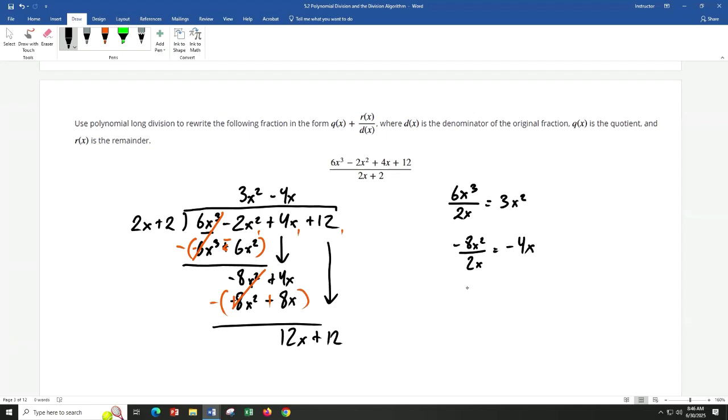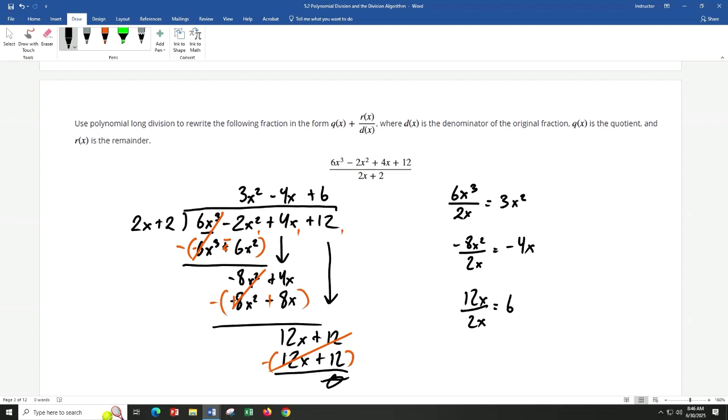Okay? So we've got this 12x divided by 2x. That's just going to give us a 6. So put plus 6 there. Do your multiplication. 12x plus 12. I think you can all see, once I do this, all of that goes away. Okay. And so you're left with a remainder of 0.